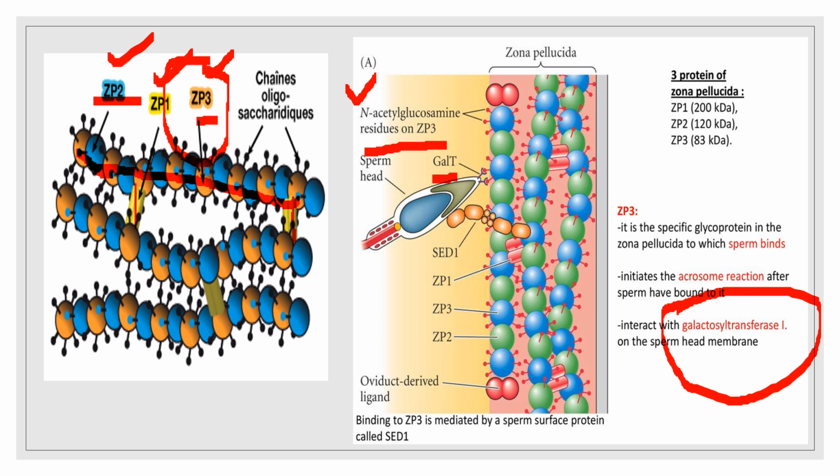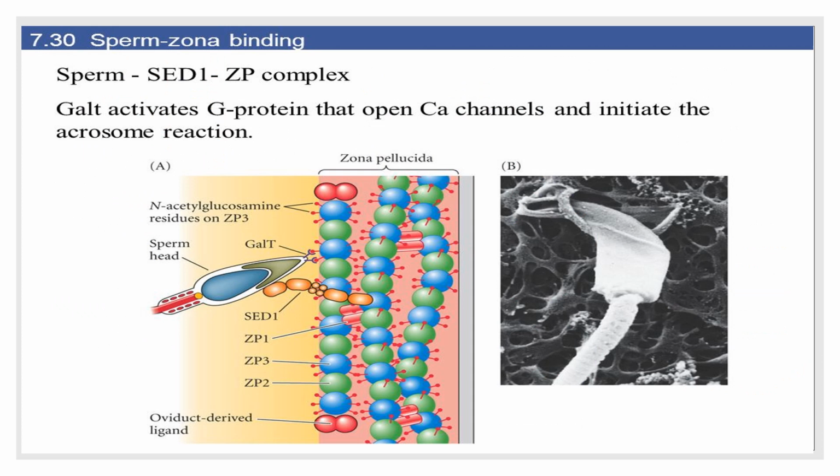What happens after that? This galactosyl transferase 1 activates the G protein that opens the calcium channels, and it initiates the acrosomal reaction.